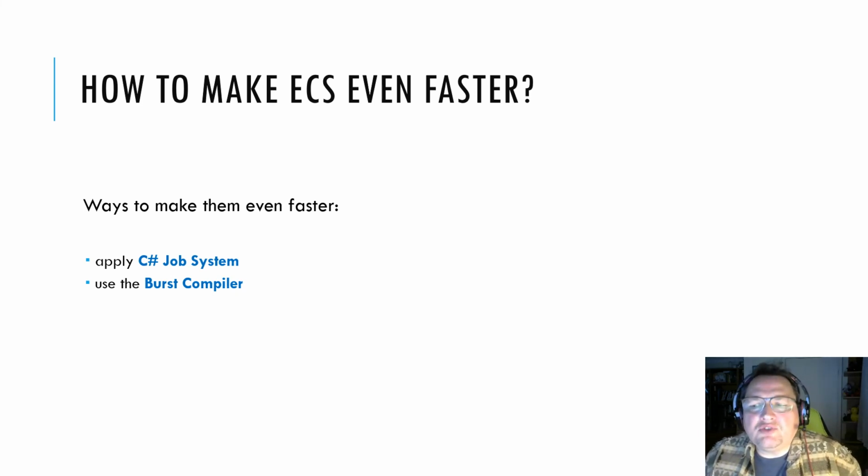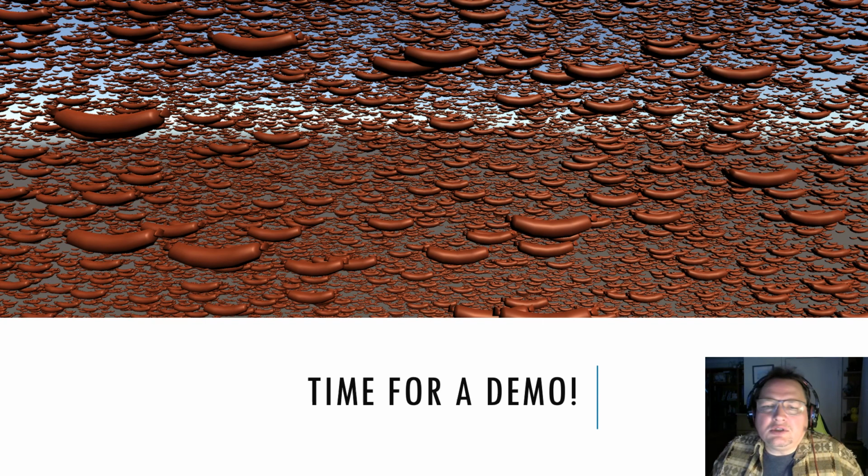So this is the way to make ECS sometimes even 10 or 20 times faster. But the C# job system is outside of the scope of at least this introductory part of this lecture. And now it is time for a demo.